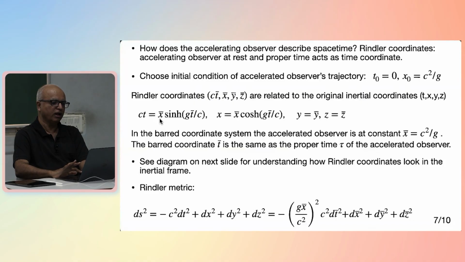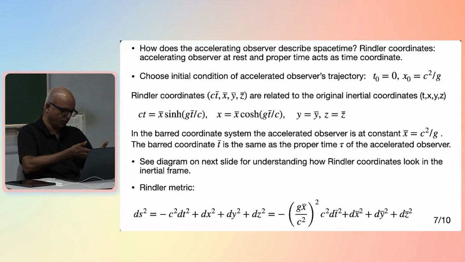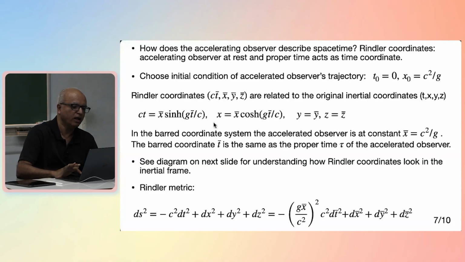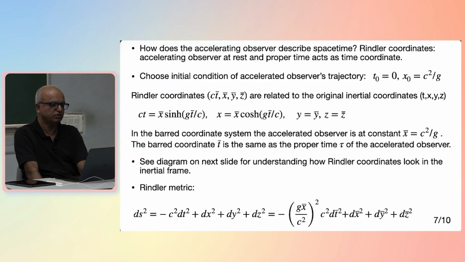Rindler coordinates x bar, y bar, z bar, t bar are given by these relations. x and t are the inertial observer's coordinates, t is the coordinate time, also the inertial observer's proper time, x is the spatial coordinate, y equals y bar, z equals z bar, and t and x are related to t bar and x bar as ct is x bar sinh g t bar by c, x is x bar cosh g t bar by c.